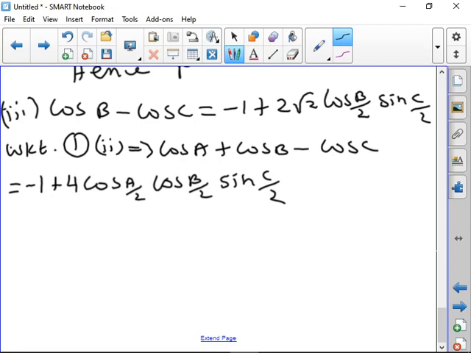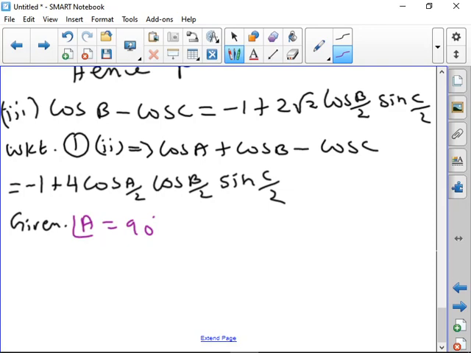Okay, we know this. So this we are going to use here. So here what is given? Angle A is equal to 90 degree. So we'll substitute for A.